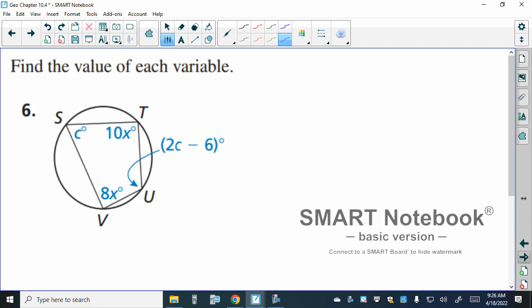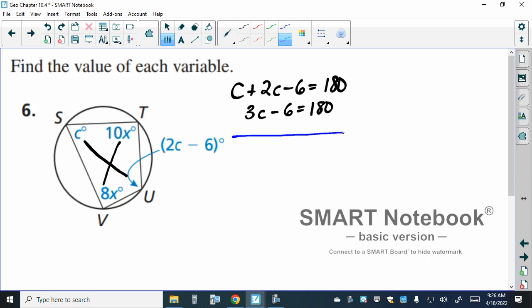Now this time, both sets of angles have variables in them. But that really doesn't change what we're doing. Because again, C and 2C minus 6 add together to be what? 180. Now at this point, we can combine like terms. So C plus 2C minus 6 is equal to 180.